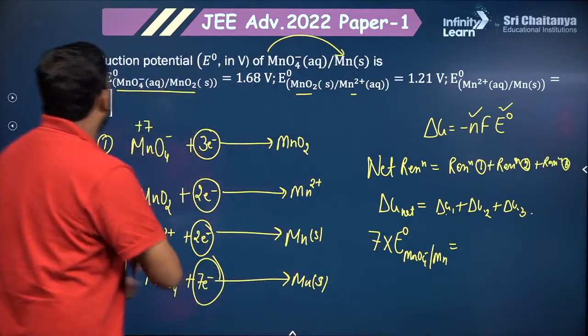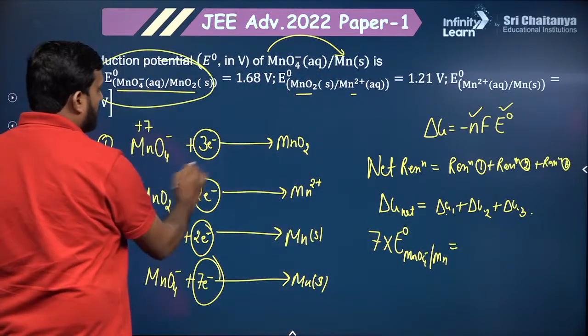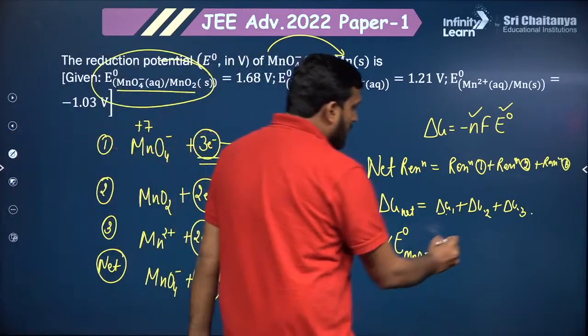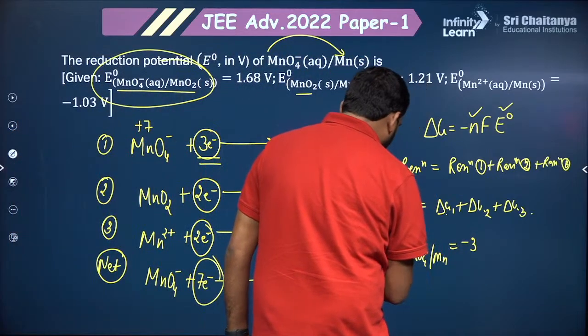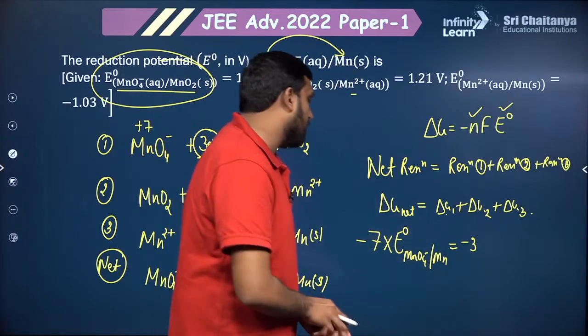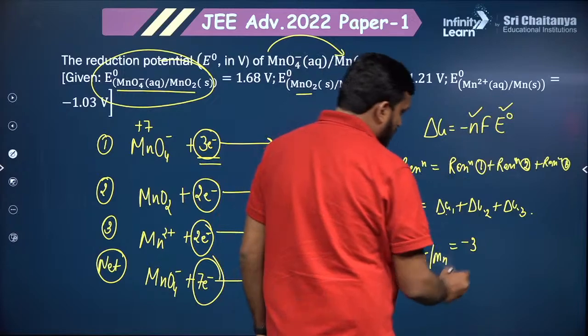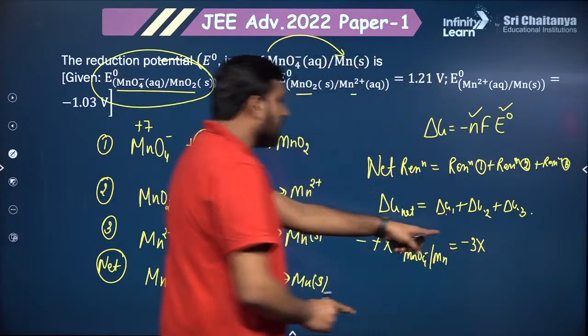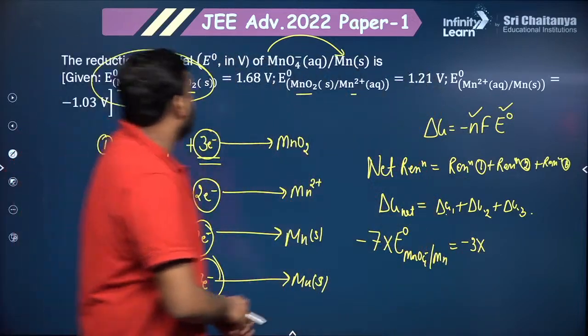Delta G1 will be 3 into E naught of this. It will be minus here also, and the Faraday constant F will cancel out. What is the value?